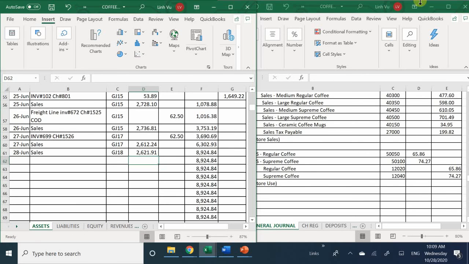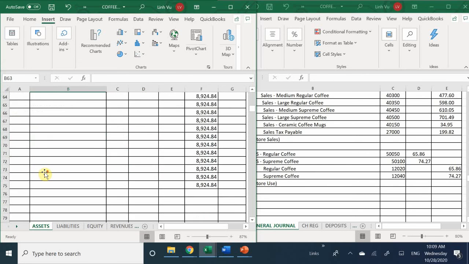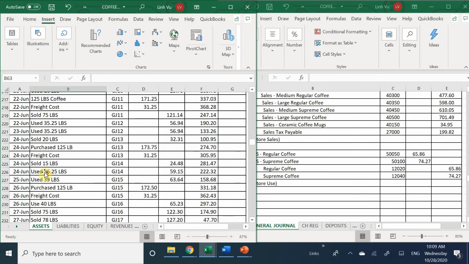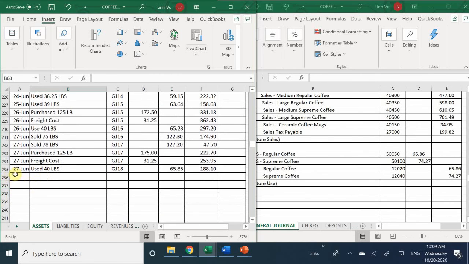Then we go to assets, regular coffee. Date, used 40 pounds. GJ 18.